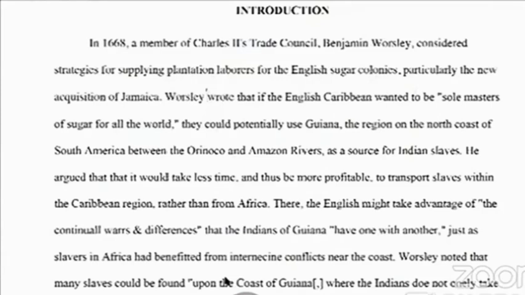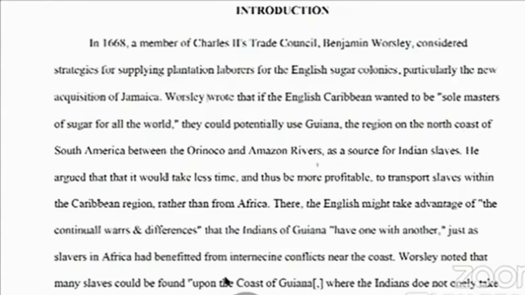It says Worsley wrote that if the English Caribbean wanted to be sole masters of sugar for all the world, they could potentially use Guyana, the region of the north coast of South America between the Orinoco and Amazon rivers, as a source for Indian slaves. Again, so these English were setting up shop, right?